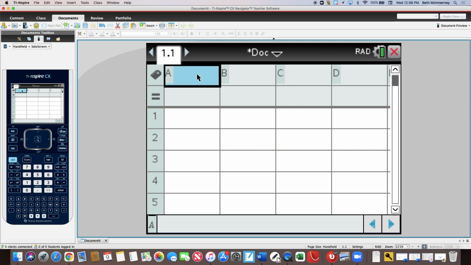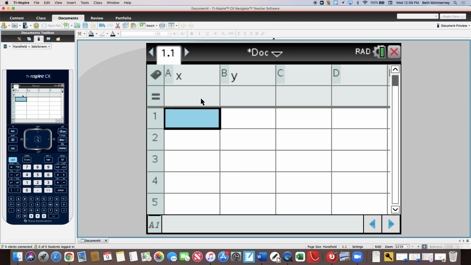You're going to go up to the very top, and we're going to put the variable x and the variable y in the top columns. And then the x column is always the top row of your data, or the independent variable. You put nothing in the row that has the equal sign, okay?